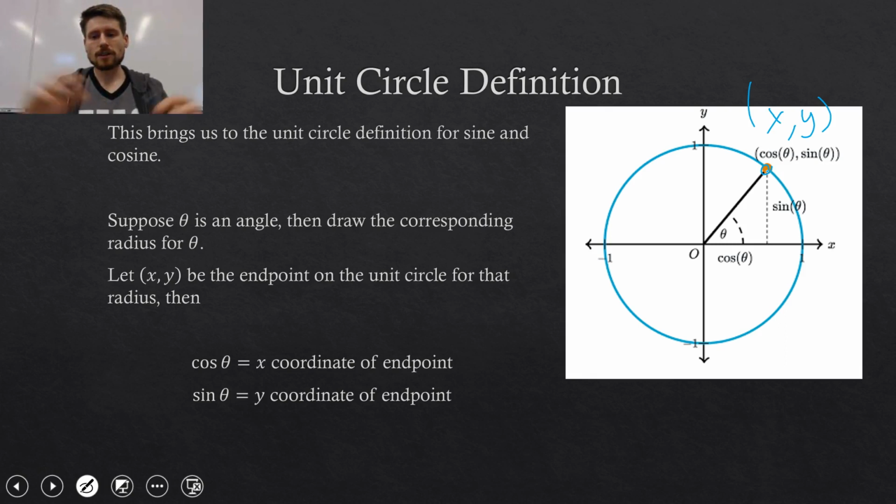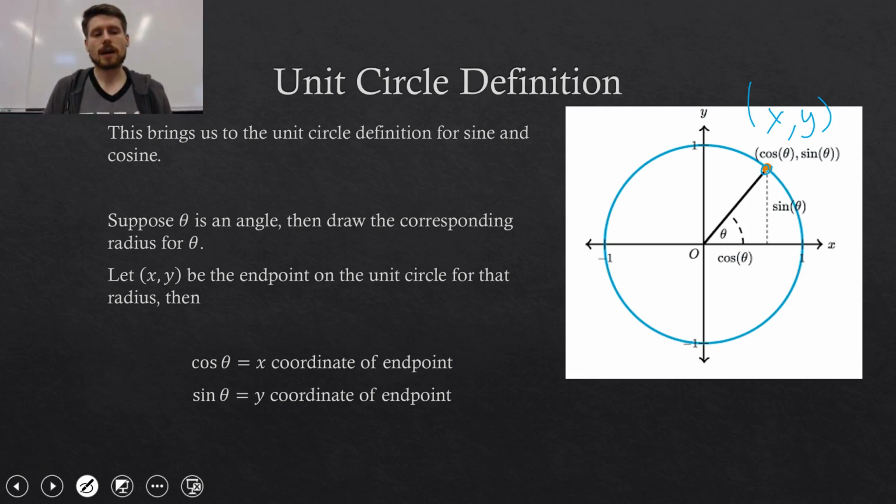Okay, so that's our definition for cosine and sine. Based off your angle, draw the radius that corresponds to it. The endpoint on the unit circle, its x coordinate is cosine of that angle, and its y coordinate is sine of that angle. That's the unit circle definition, and that's the definition we're going to be using for cosine and sine for most of this unit.